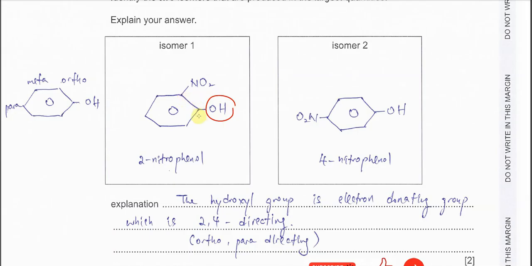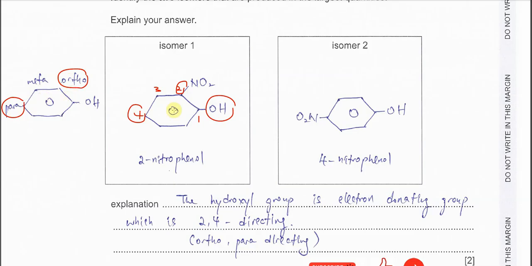So let's say this is first, this is second, third, fourth. So the phenol, as an electron donating group, will direct the electrophilic substitutions at the ortho or para position, or 2,4 position. It's the same thing, 2,4 or ortho para.